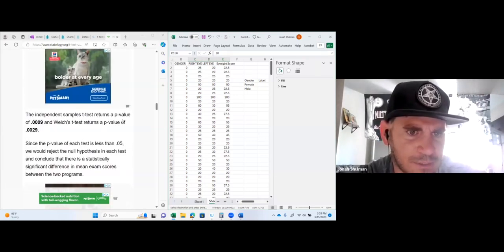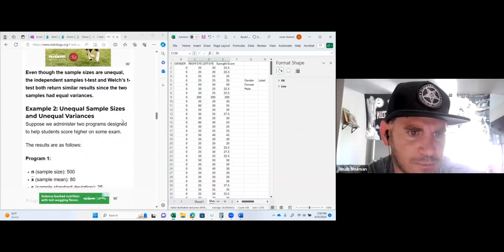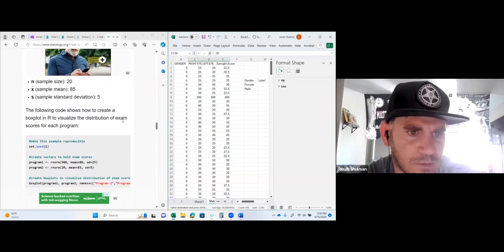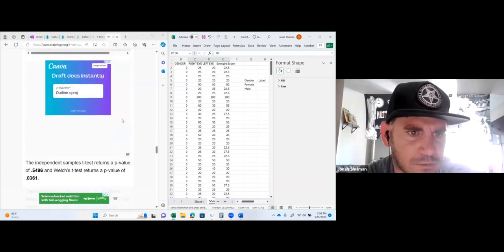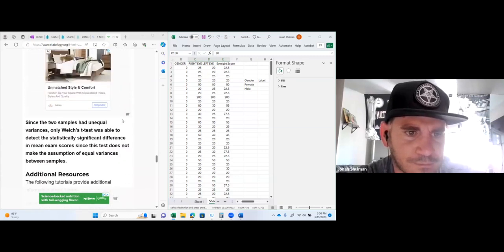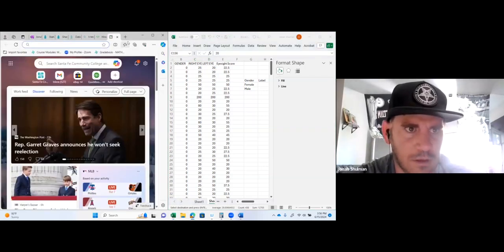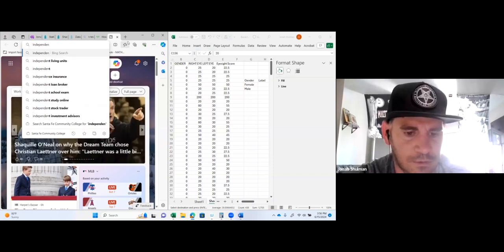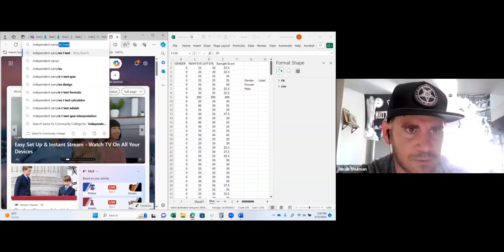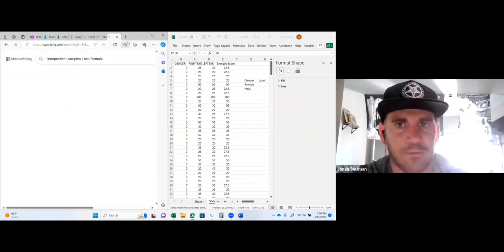The independent samples t-test. So example two. This one doesn't have it by hand. I was just gonna put the one. Independent samples t-test. Here we go.